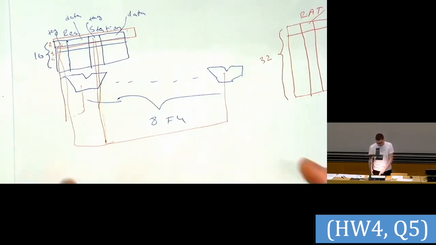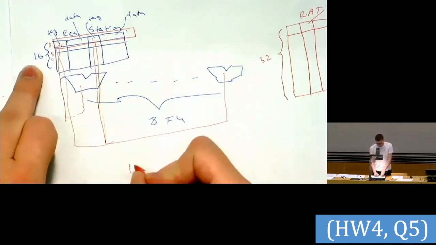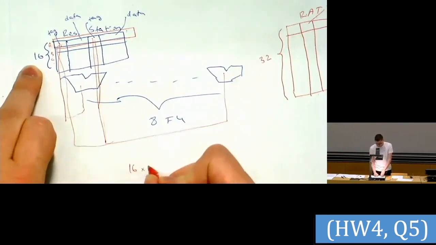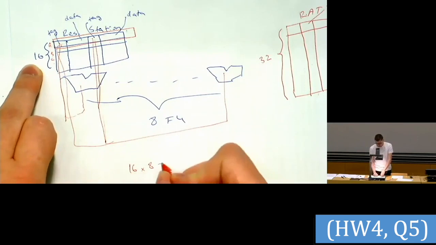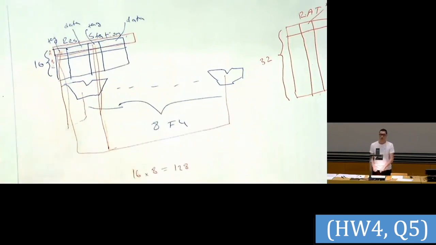So there are 16 entries in a single reservation station, and we have 8 reservation stations in total, right? Which makes 128. This is the address space that we should be able to address, right?